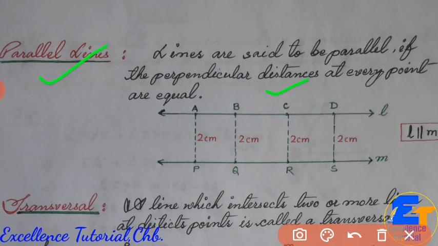That means you can see in the figure two parallel lines are there, line L and line M, isn't it? These two lines are parallel.